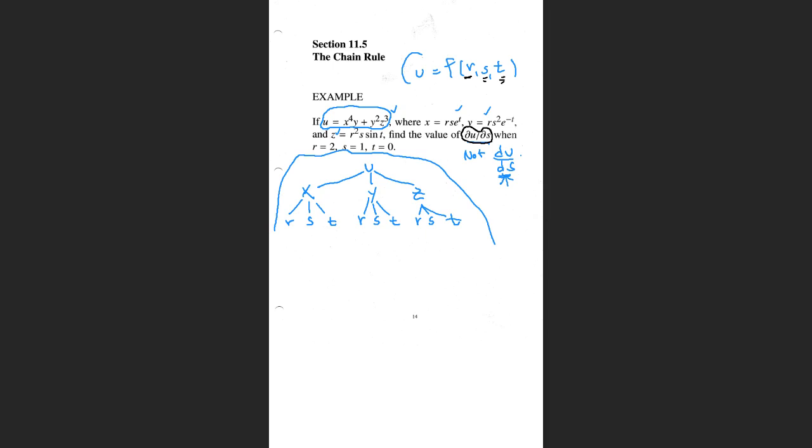All right. Based on this flow chart, if we're going to write the chain rule for the partial derivative of u with respect to s, how many links are there in our chain?